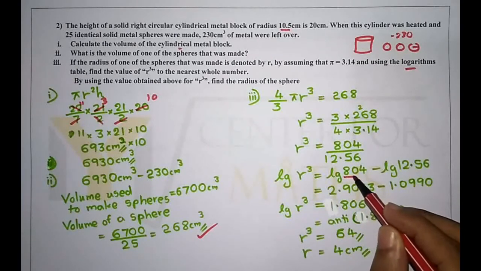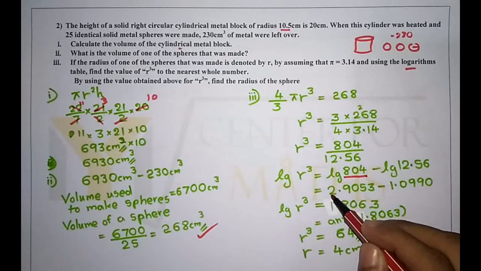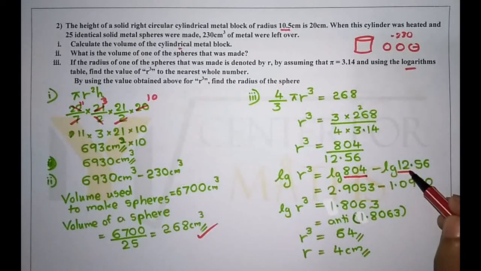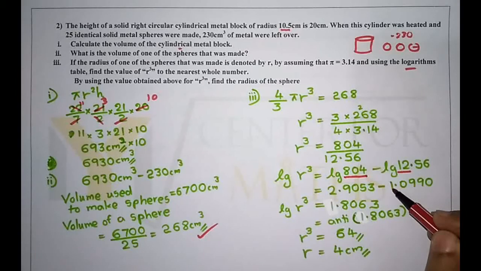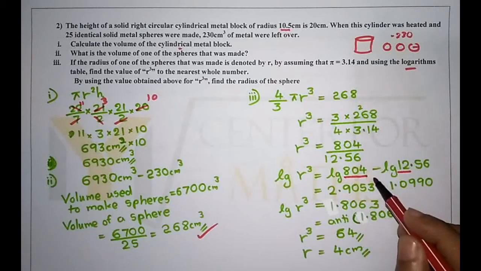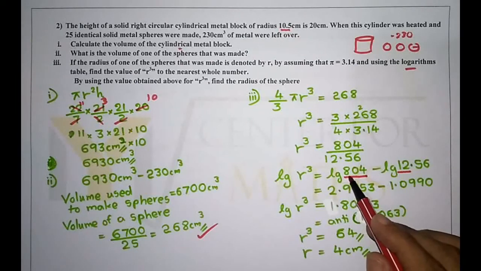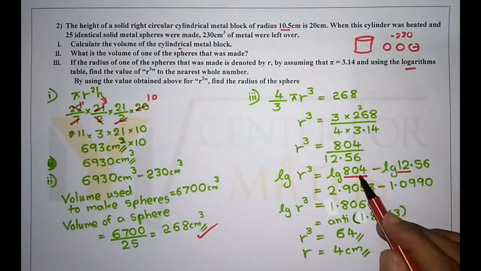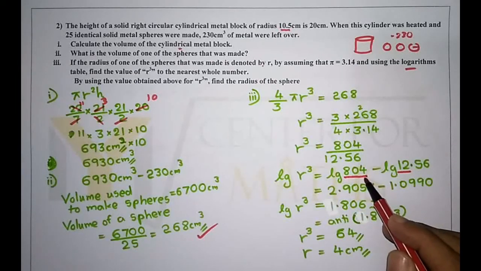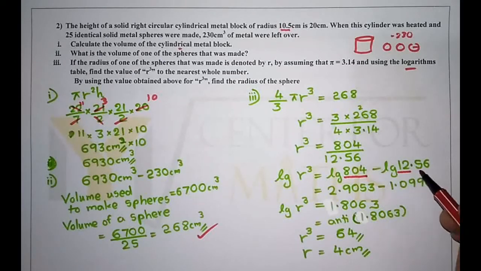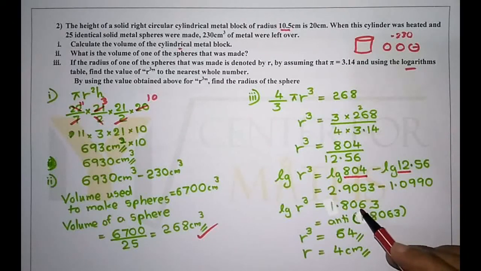And now we'll find the logarithm of 804. How many whole numbers are here? 3. Then 3 minus 1 is 2. That means the characteristic of this is 2. And here how many whole numbers are there? 2. Then 2 minus 1 is 1. And for 84, the logarithm is 9053, if you find the logarithm of 80 and the next digit 4. And the logarithm of 1256 is 990.